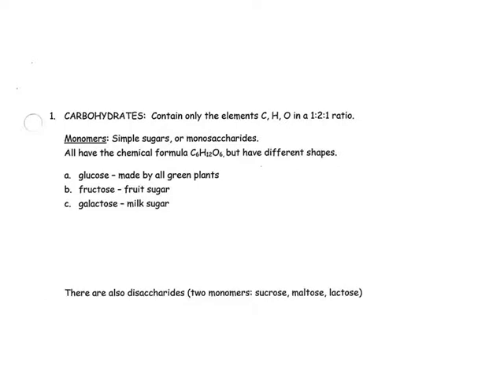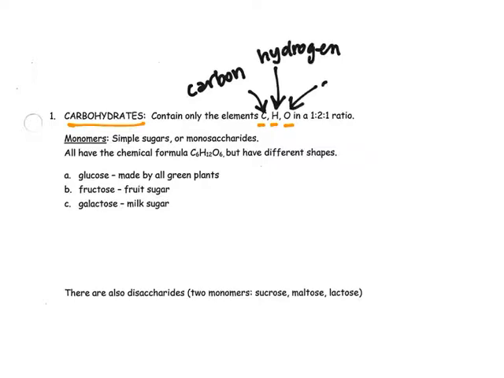So this is one of 4, the first type of macromolecule that we're going to talk about. So carbohydrates contain certain elements. They contain 3 particular elements. We have abbreviations right here. So C stands for carbon, H stands for hydrogen, and O stands for oxygen.